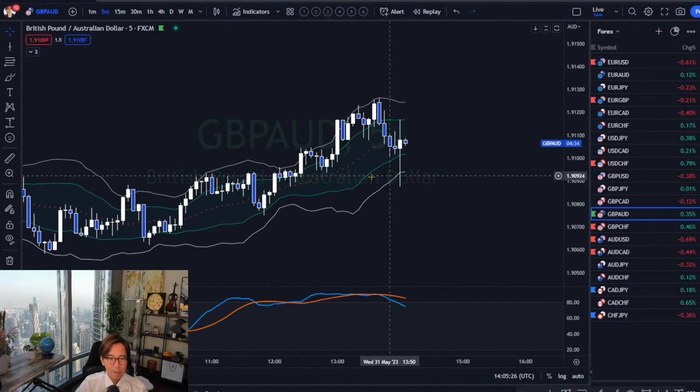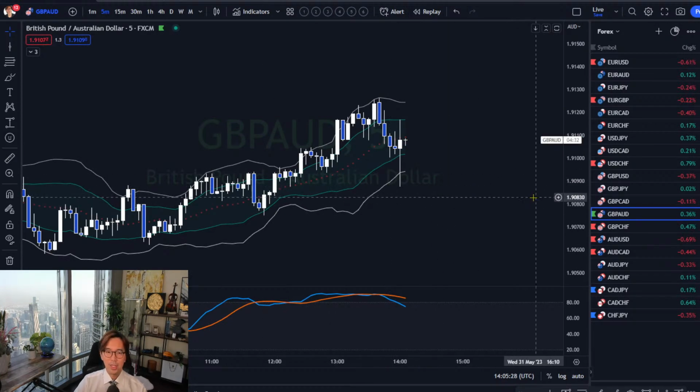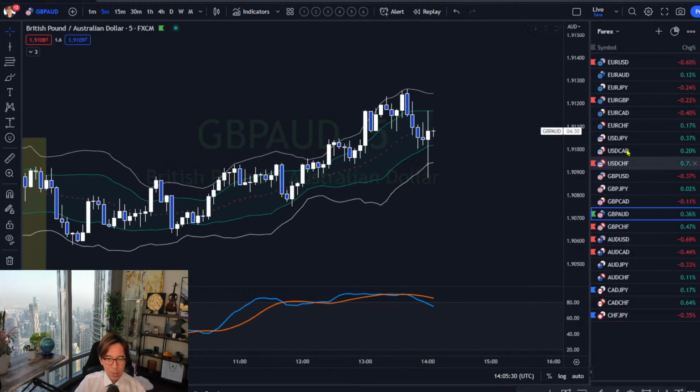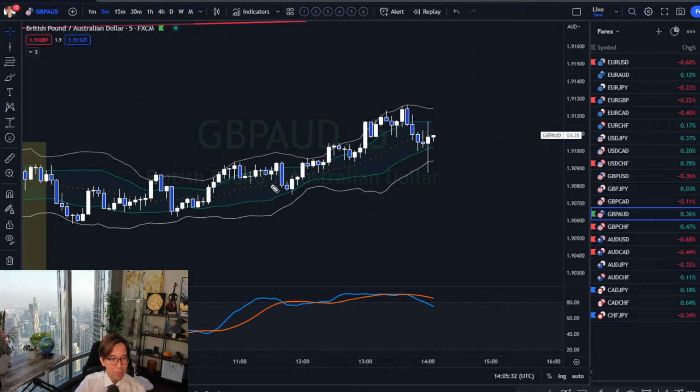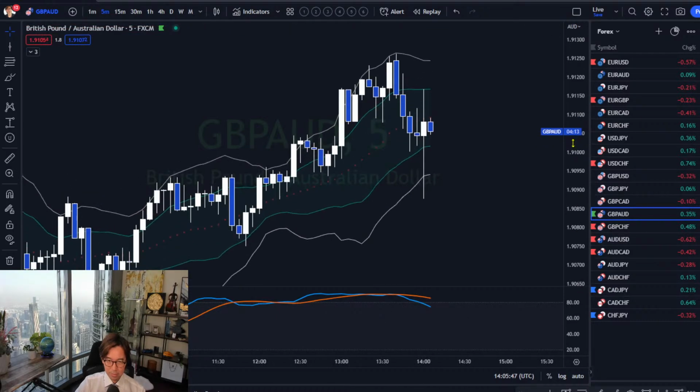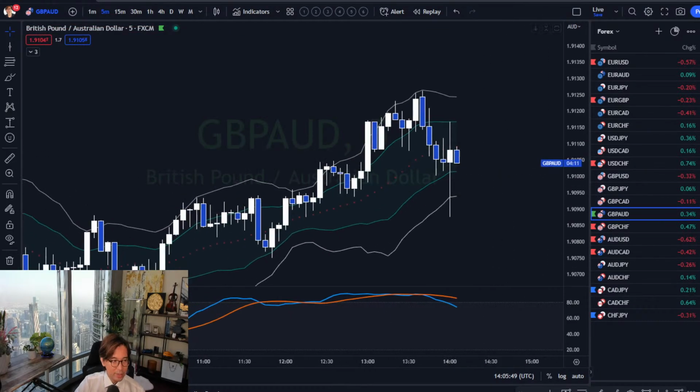And now the 5-minute shows like this. It shows that it has been a bullish wave. But it looks like just 5 minutes ago there was a big candlestick and a long wick pointing up and down. So this is a bit tricky market now.